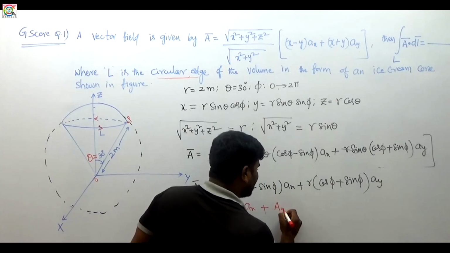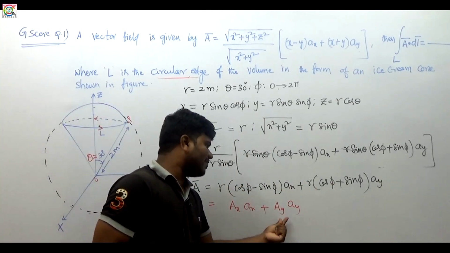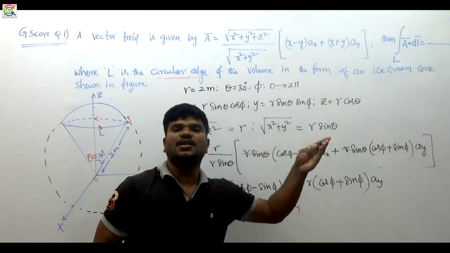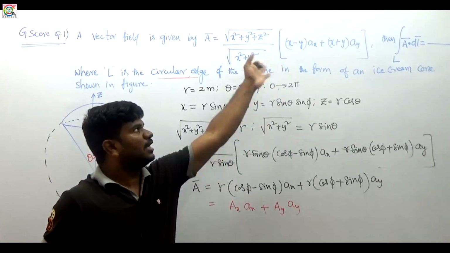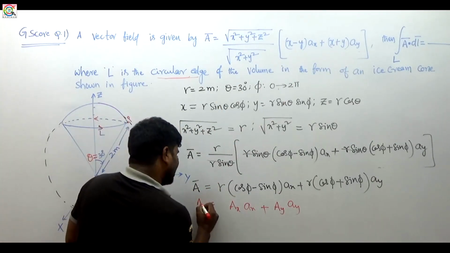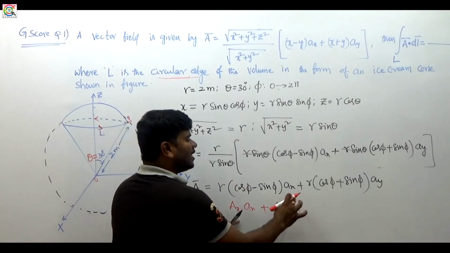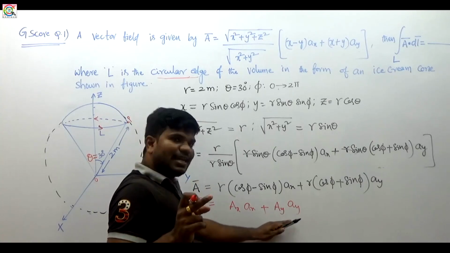That means it is Ax ax plus Ay ay. Az is not there, meaning the z component is not present in the given vector. So I have represented this vector in the Cartesian system.